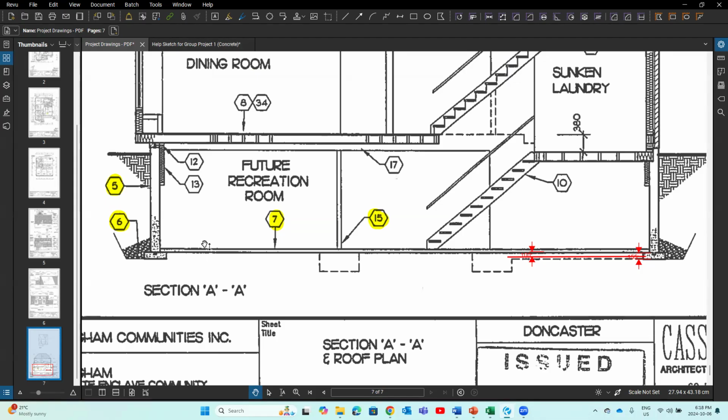That's why we need those control joints or expansion joints to allow different movement between the foundation wall, foundation footing, and the concrete slab. If we understand this, that means if we calculate the length of these control joints, that would be the perimeter of this concrete slab, the edge, right?